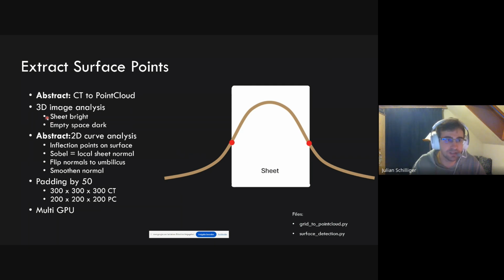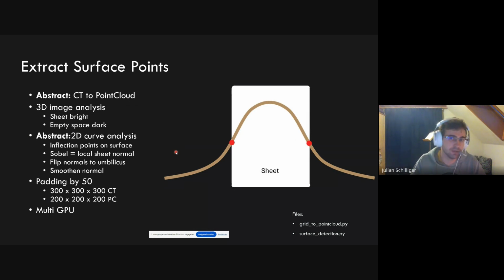So the 3D analysis kind of gives us the normal of each sheet. Then, like here, the normal would be in this direction, and here in the opposite. If you just take the umbilicus position in the scroll and those normals and flip all the normals towards the umbilicus, then we have a nice, good representation.